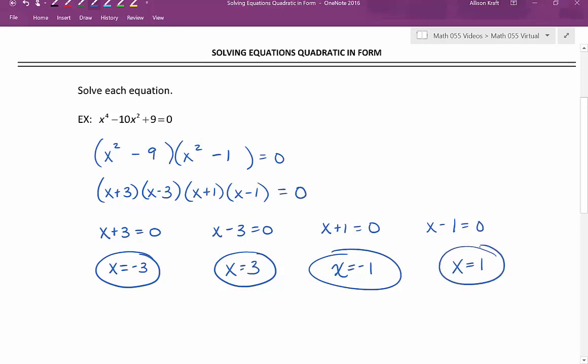There were 4 solutions to this equation. You know how many solutions you're supposed to have based on the degree of the equation. This was a 4th degree polynomial, so we should have 4 solutions.